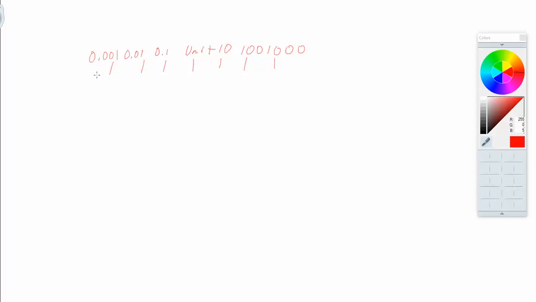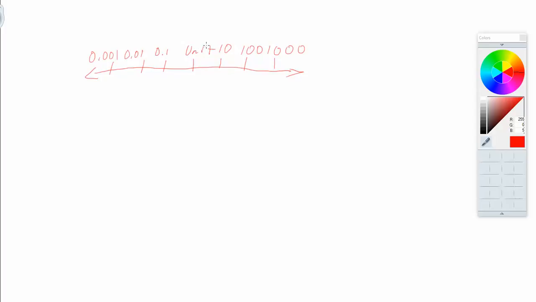So now you have this nice line laid out here, and here are the prefixes associated with the unit. The unit will be something like a unit of length, which in the metric system is the meter, a unit of mass, which is the gram, a unit of time, which is the second, which you're very familiar with.